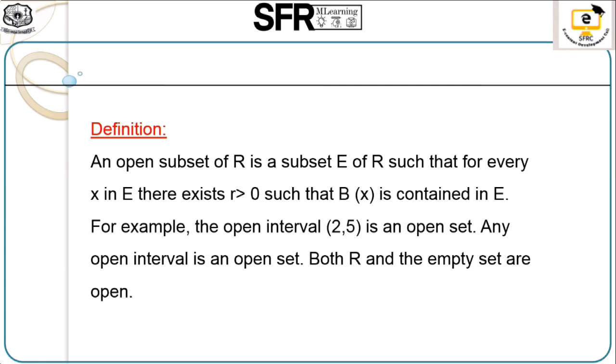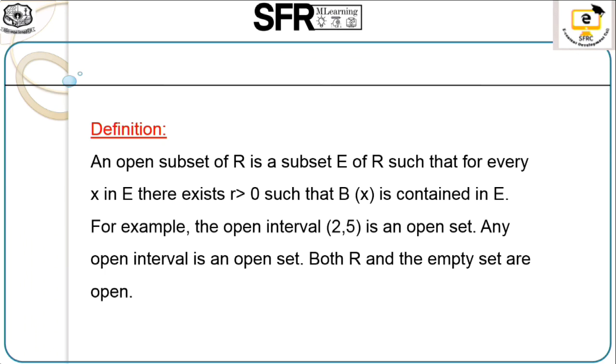In general, both the real number set R and the empty set are open. In R, with the usual metric, the open interval (0, 1) is also an open set.